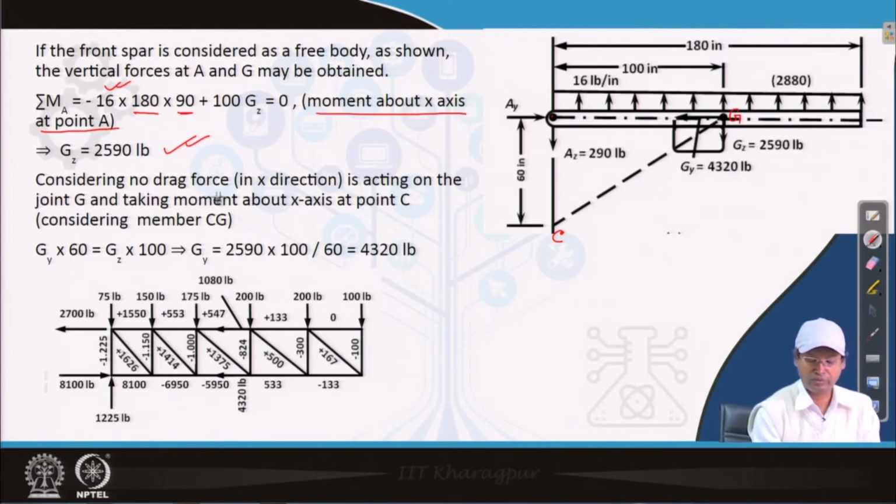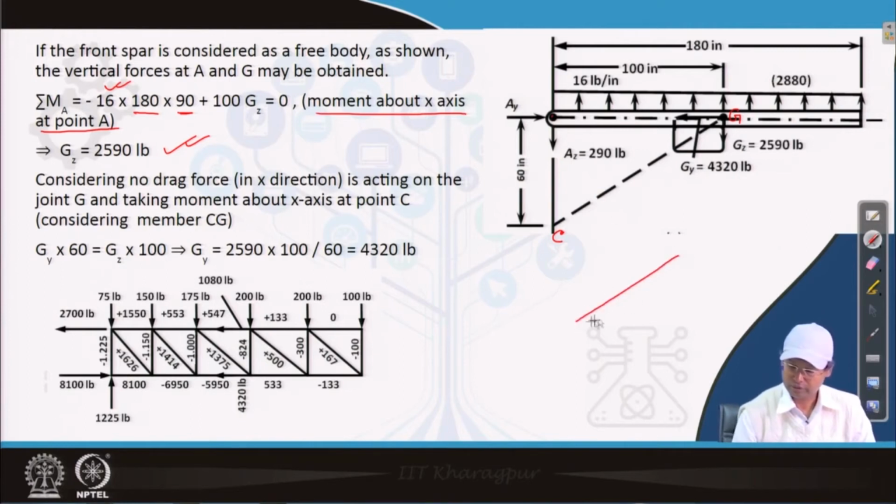Considering no drag force in the x direction acting on the joint G, if we consider this joint G and take moment about the x axis at point C, considering the member C G, what we will get is that this is 60 and this is 100.